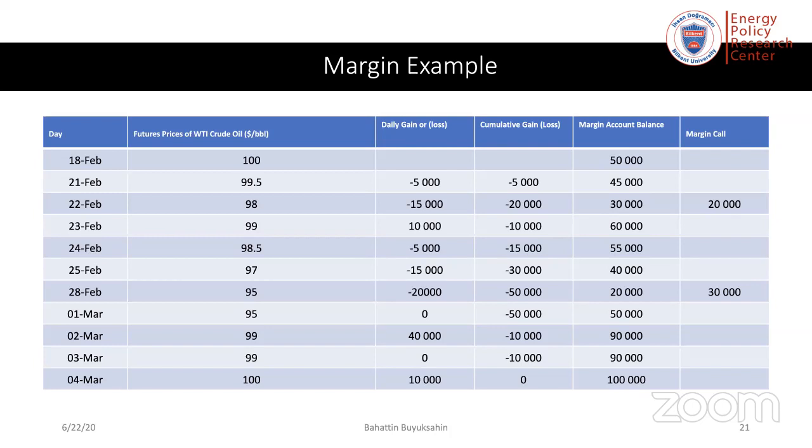Basically, if there is a price decline, the investor who has a long position has to deposit extra funds, the so-called variation margin, to bring the margin account to the initial level. On the other hand, the seller of the contract will be credited.